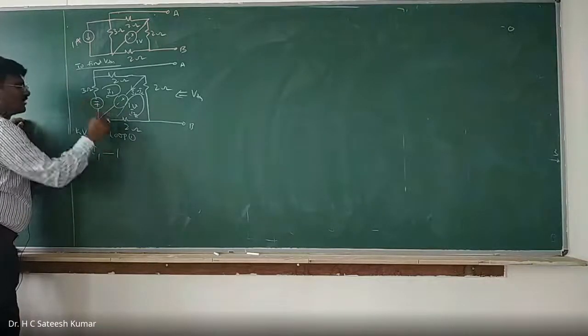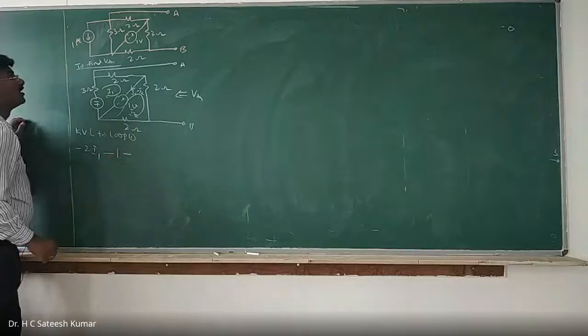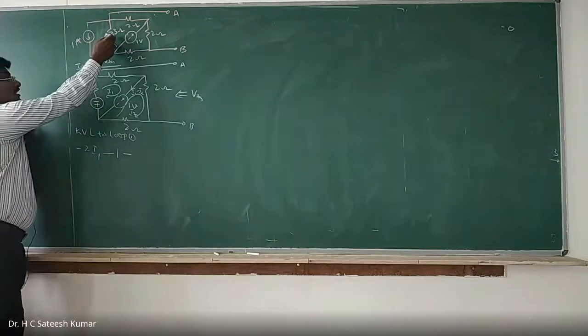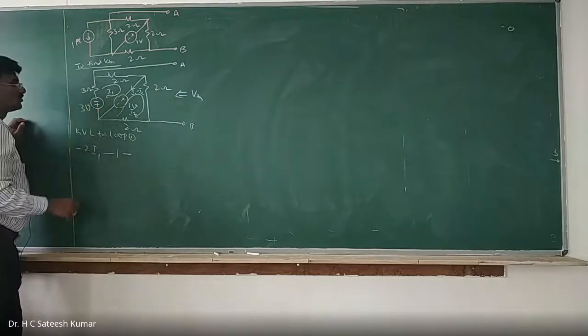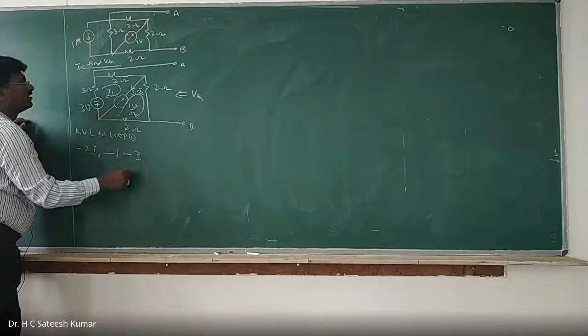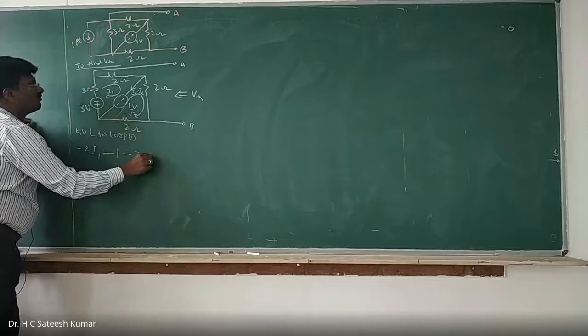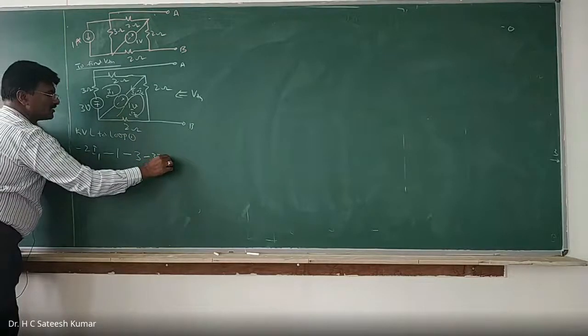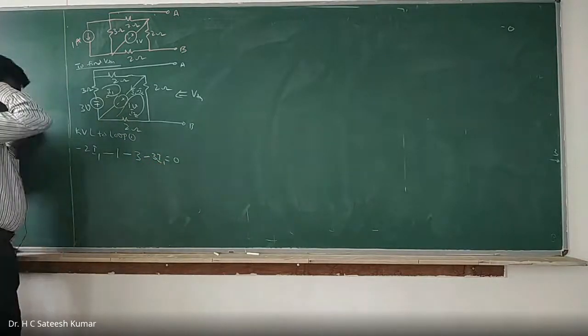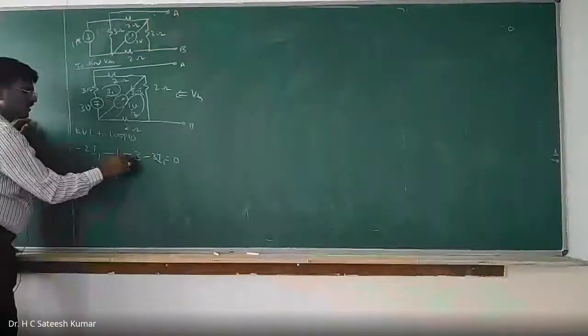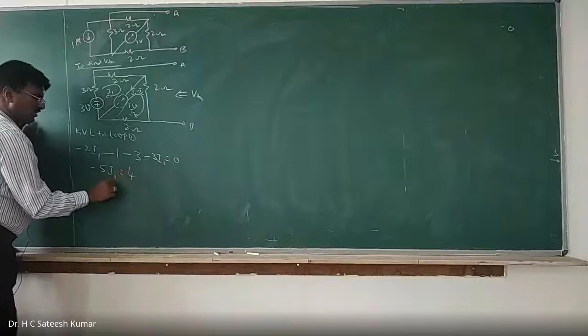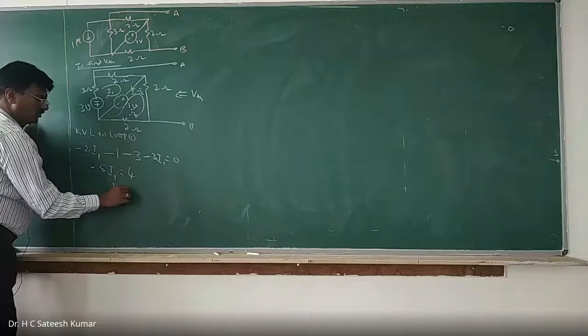The voltage source value is I into V, 3 into 1, 3 volts. So plus 2 minus is minus 3, and same direction, minus 3I1 is equal to 0. Minus 3 minus 2, minus 5I1 is equal to minus 1 minus 3, which is minus 4. Therefore, I1 is equal to minus 4 by 5.